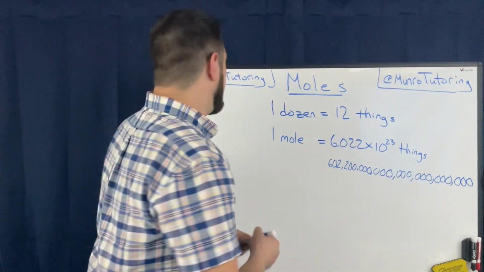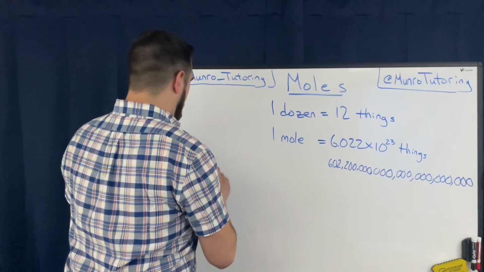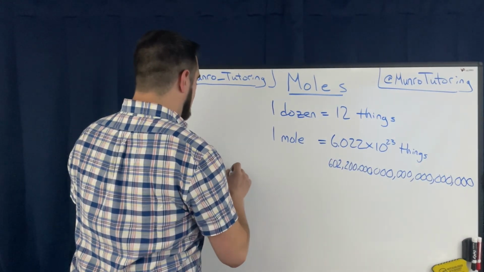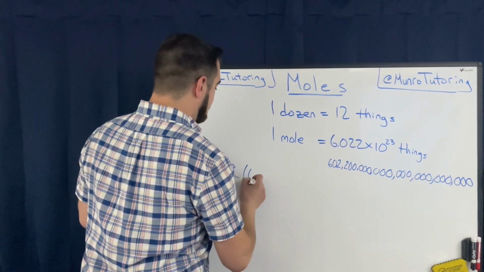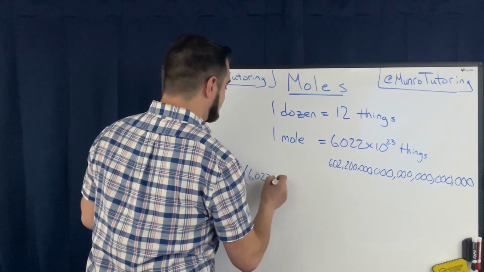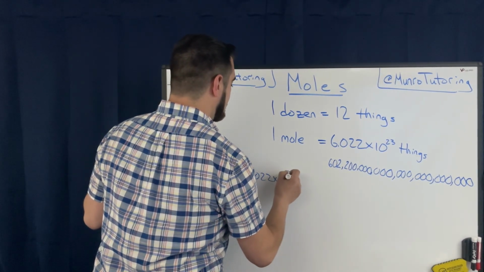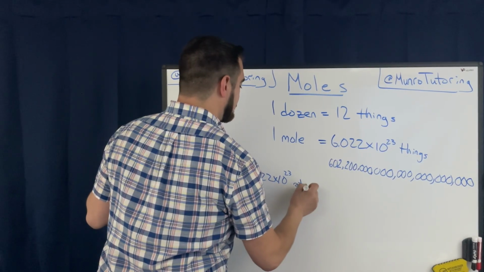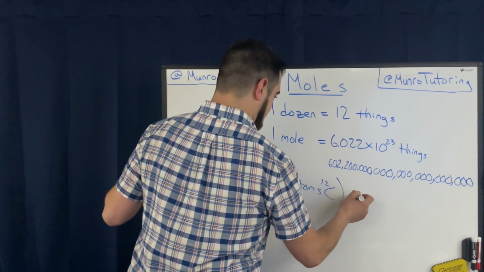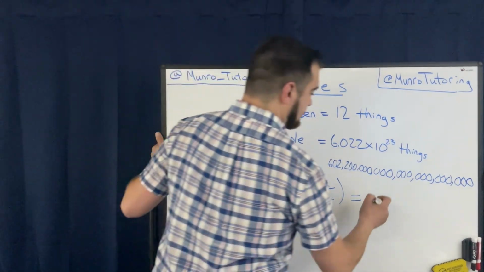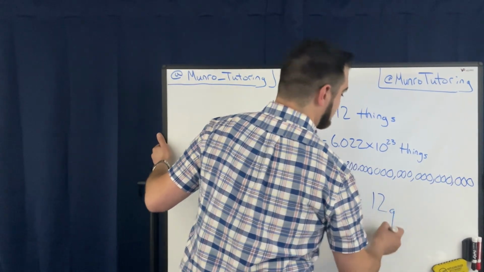So in other words, one mole of carbon-12, which is 6.022 times 10 to the 23rd atoms of carbon-12, that's going to be equal to 12 grams.